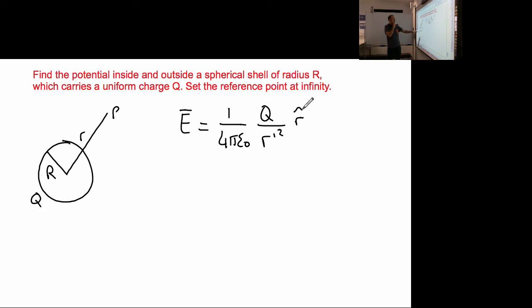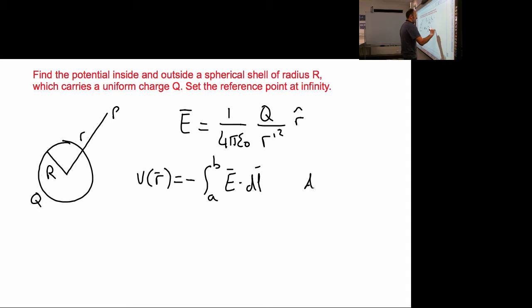And we know that our electric potential V of r would be equal to minus the integral from A to B, so this is the line integral, of E dot dl, where dl again is our infinitesimal displacement vector, and that is equal to dr r hat.